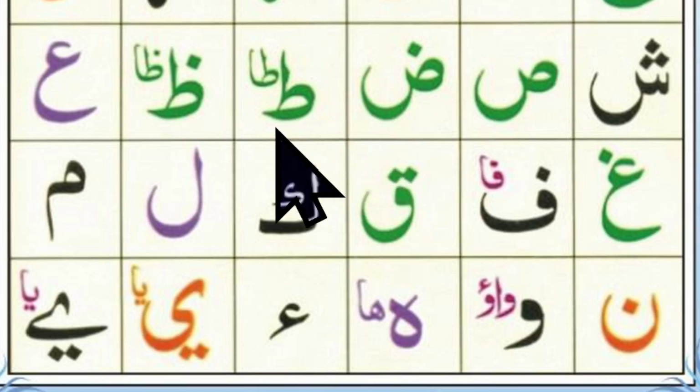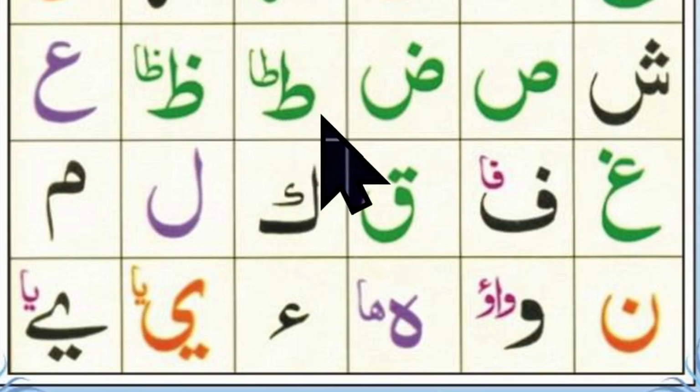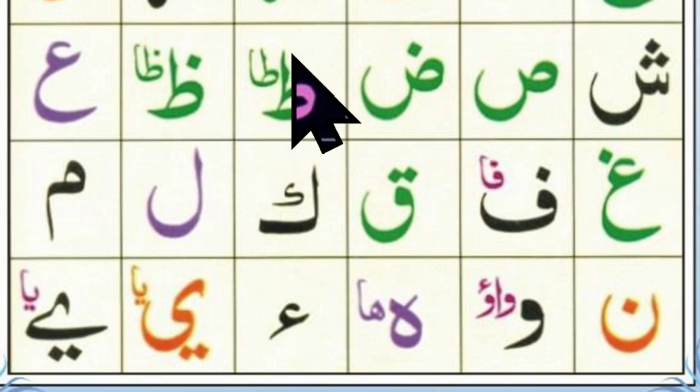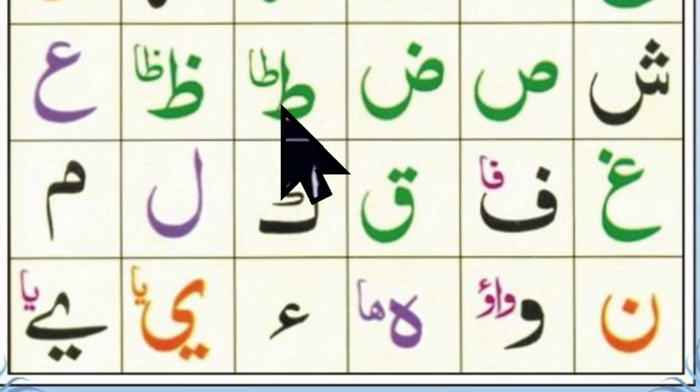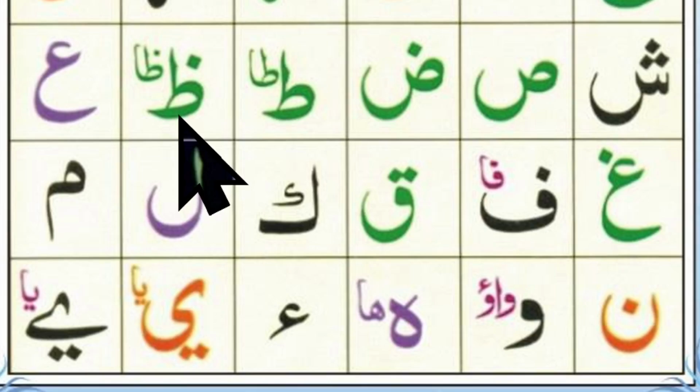And the next one is Twa. Twa looks like the first shape of Swad, with a straight line like Alif. When Alif is on top of the first part of Swad, that will be Twa, and with a dot on the top of this shape, that will be Dha, Dha, Dha.